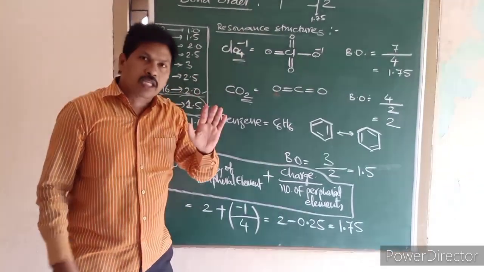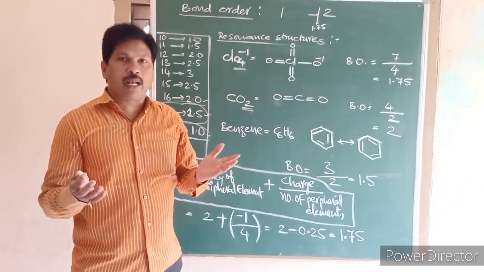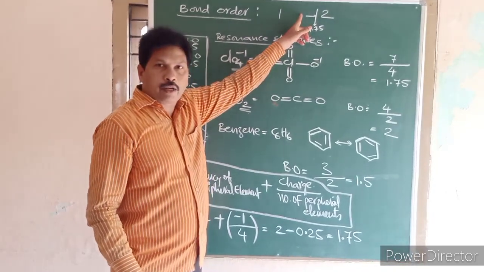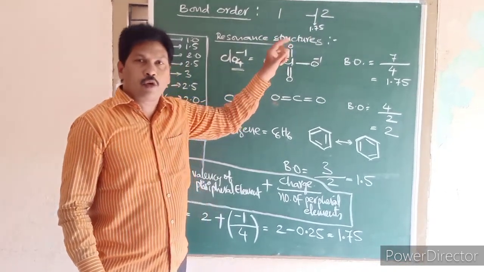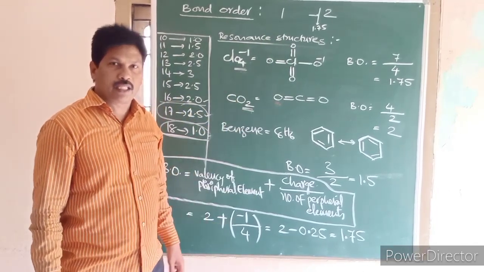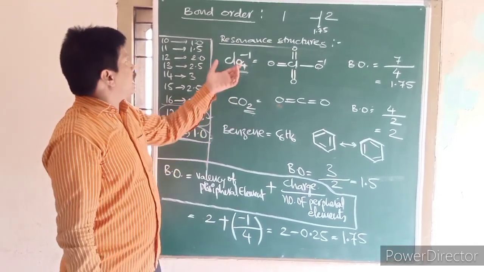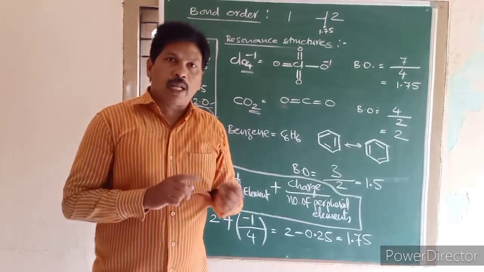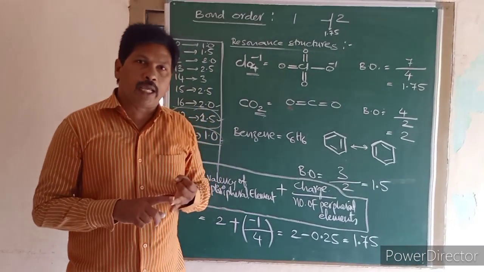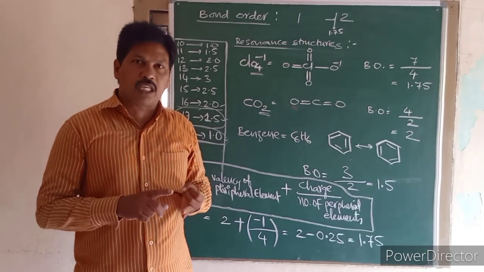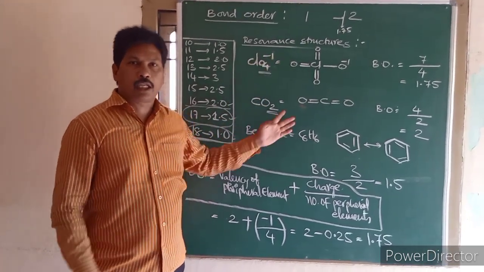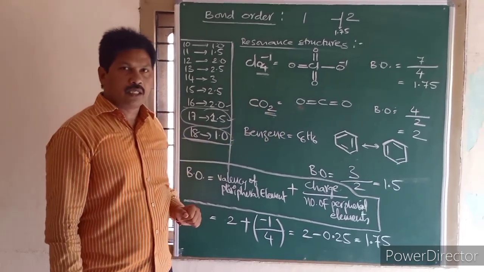If the double bonds and single bonds are equal, then the bond order is 1.5, the middle value between 1 and 2. In this manner, we are calculating the bond orders in homodiatomic molecules, homo and hetero diatomic species, and also resonance structure exhibiting molecules or species.